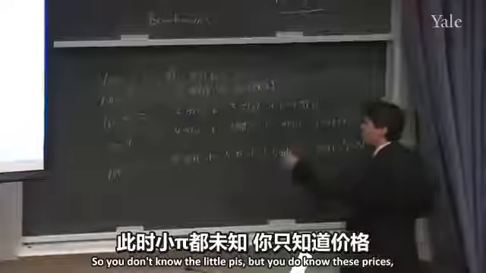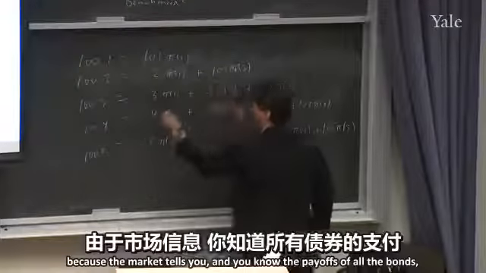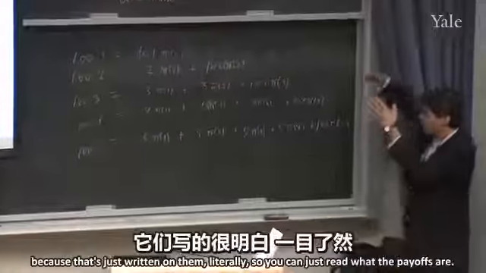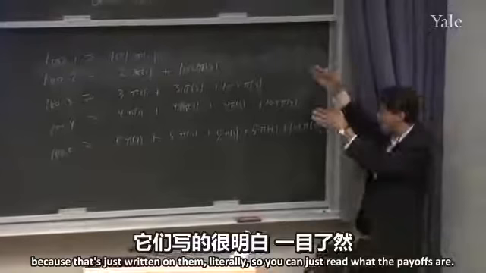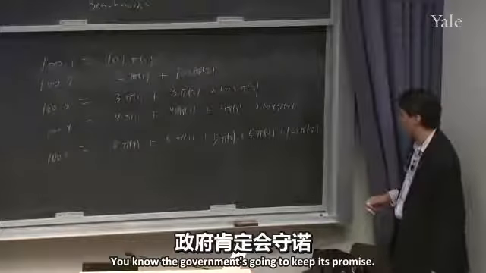So you don't know the little pi's, but you do know these prices because the market tells you, and you know the payoffs of all the bonds because that's written on them literally. So you can just read what the payoffs are, and you know the government's going to keep its promise.